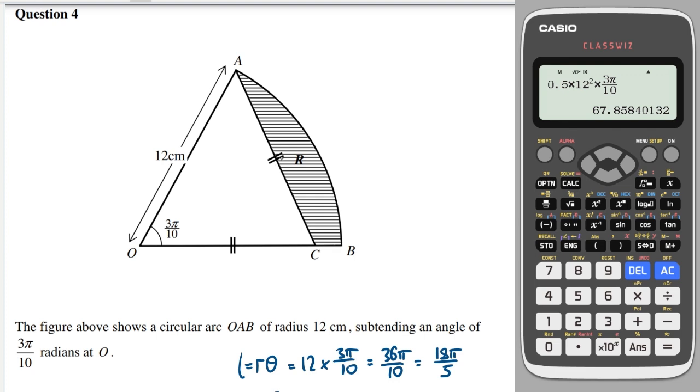Because these two are equal sides, then we know this angle up here is also 3 pi over 10, which means that we can work out the missing angle down there at C by doing, inside a triangle there is 180 degrees, so that's pi radians. So we could do pi minus 3 pi over 10 plus 3 pi over 10, which is 6 pi over 10.